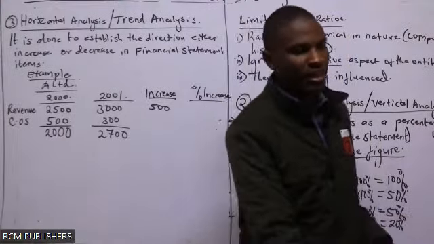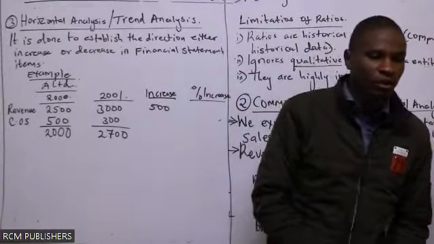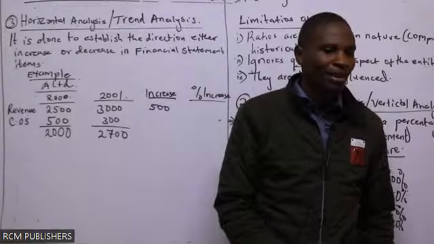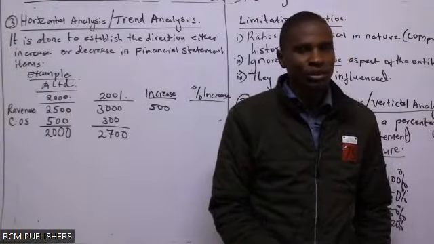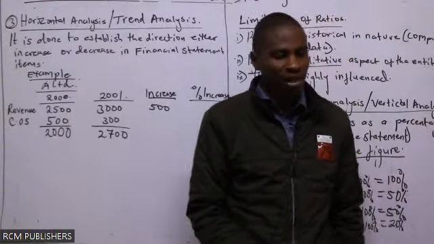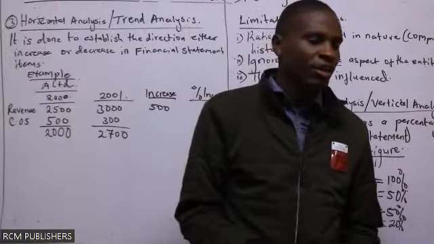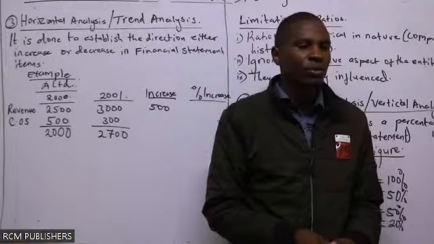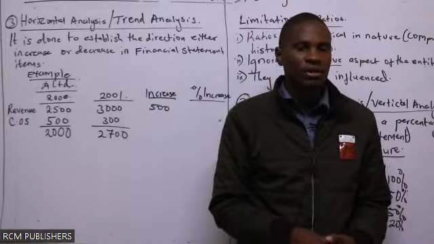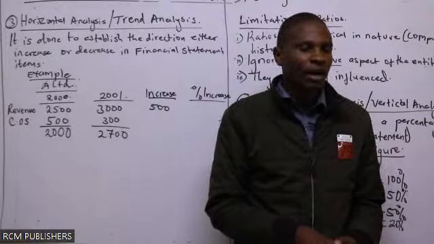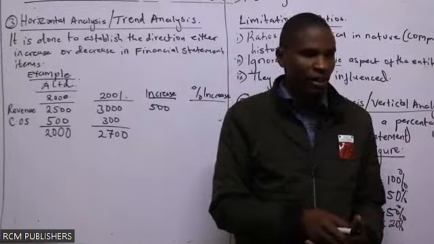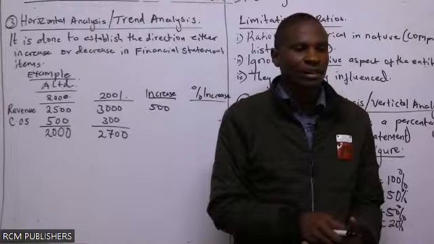I would like to get a third person to tell us whether you are getting a percentage increase in revenue of 20%. I don't want people to sleep. I like an active class.